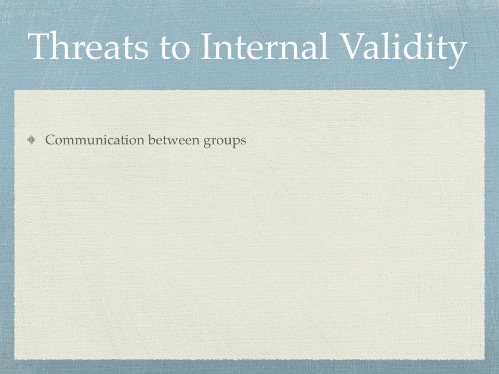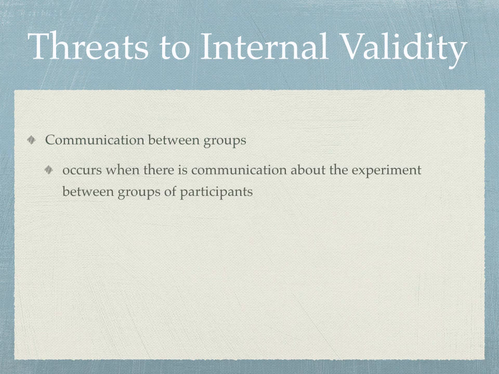Communication between two or more groups can be a problem as well and can really threaten internal validity. This occurs when there is communication between these groups. So say you're doing a study about some sort of parental training class, and you have a group of parents, your treatment group, and they meet once a week and go over really successful parenting techniques, and they do role playing and all these kinds of things.